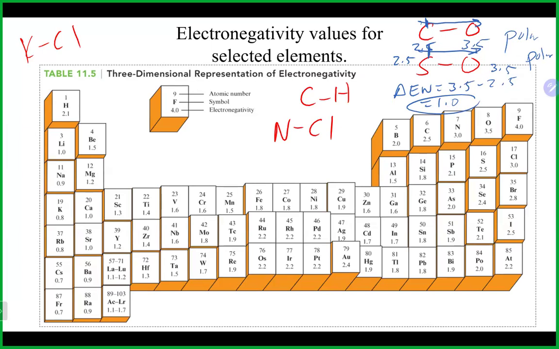We take a look at carbon and hydrogen in this case. Carbon is 2.5 and hydrogen is 2.1. The difference in electronegativity, 2.5 minus 2.1, is 0.4. 0.4 is the cutoff for nonpolar, so this would be a nonpolar bond.